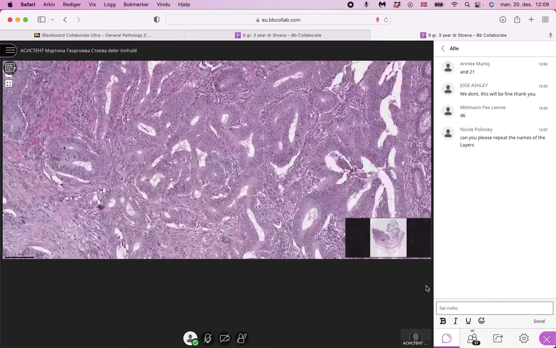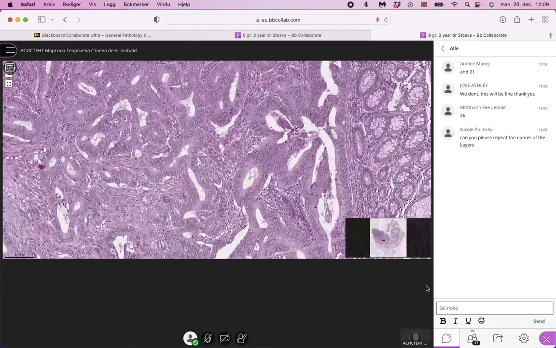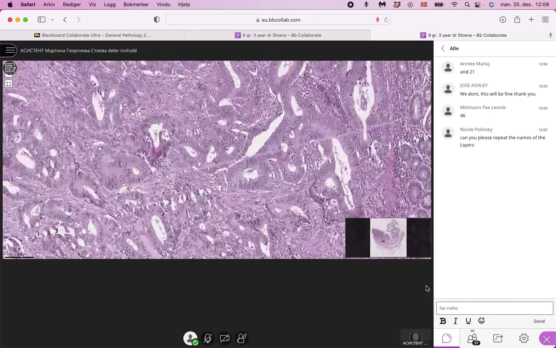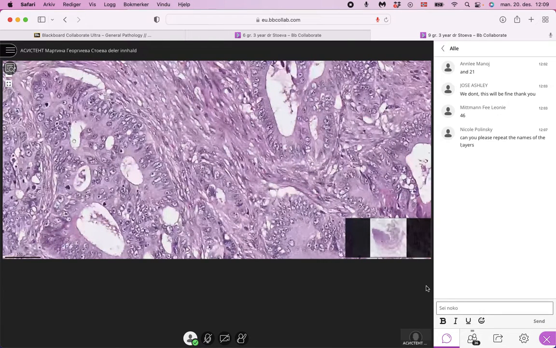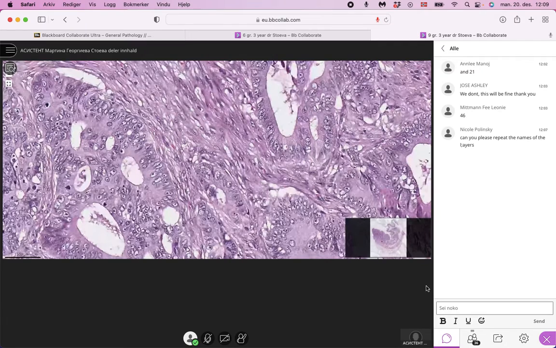and at many areas, these glands are fused together. The fusion of the glands is visible at areas when there are adjacent lumina, but these lumina are separated only by tumor cells. There is no stroma between them.